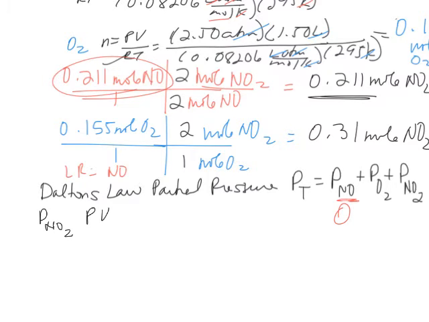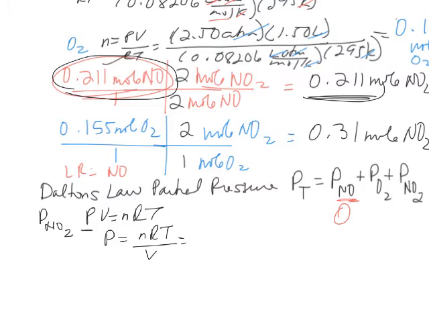We do PV equals nRT, and we're going to solve for pressure. To isolate this variable, we do P equals nRT divided by V, and the n is going to be this right here from our limiting reagent, 0.211 mole of NO2.